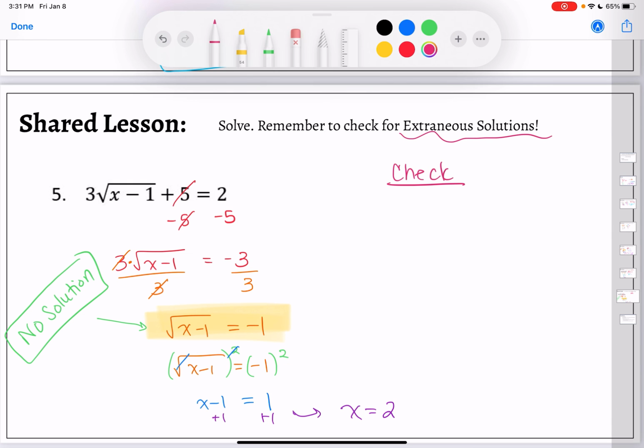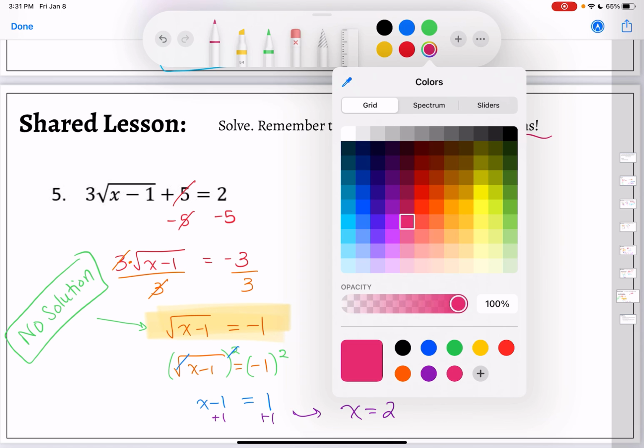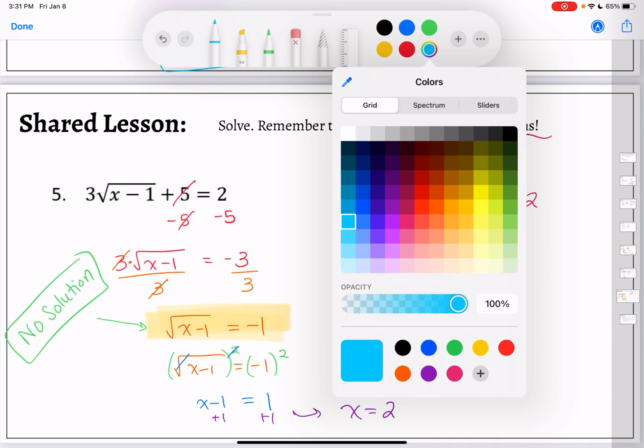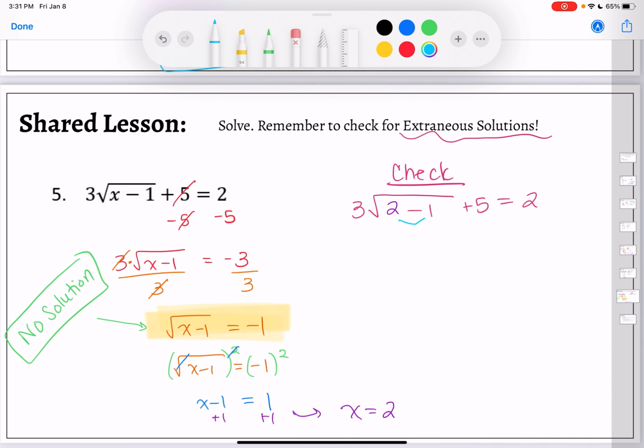So if I check my solution, I have 3 radical 2 minus 1 is on the inside of the radical, plus 5 is on the outside, and this is supposed to equal 2. Well, I would start by doing inside the radical.